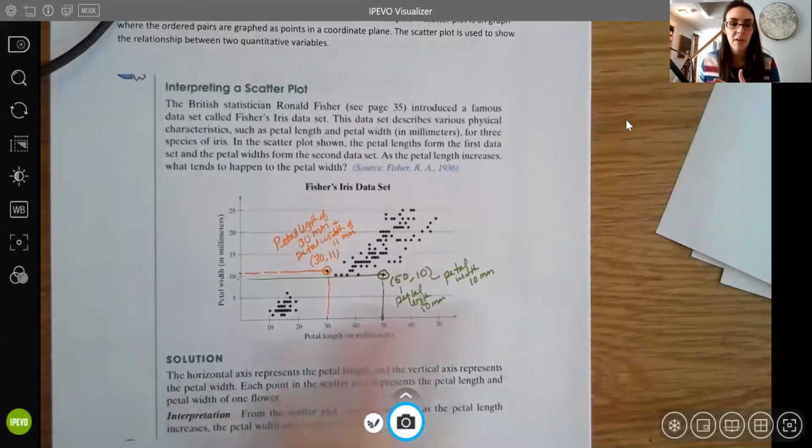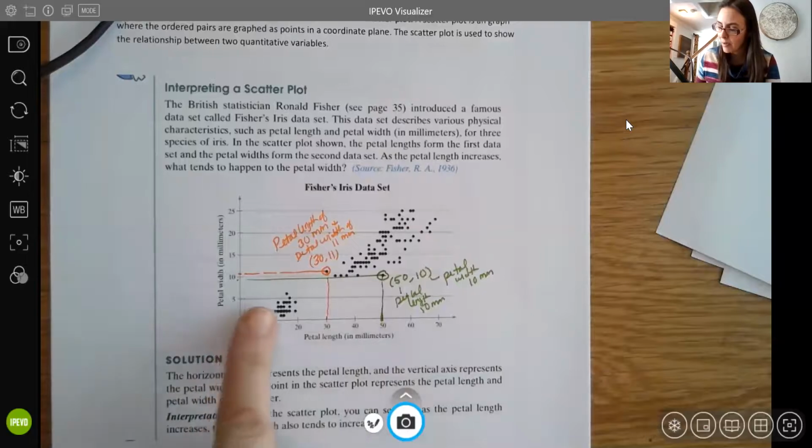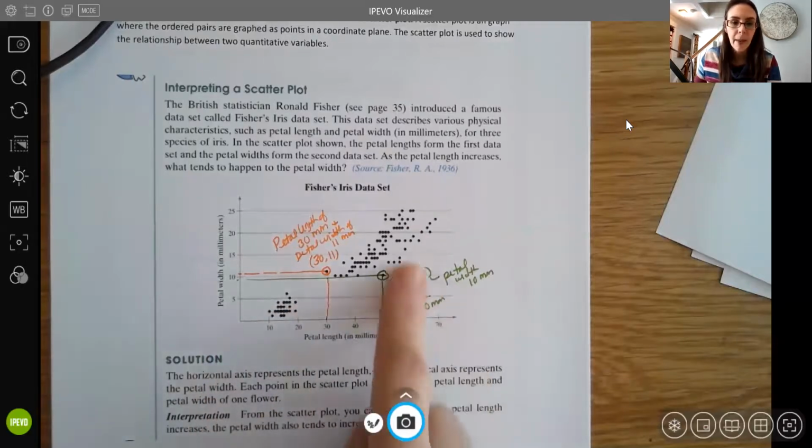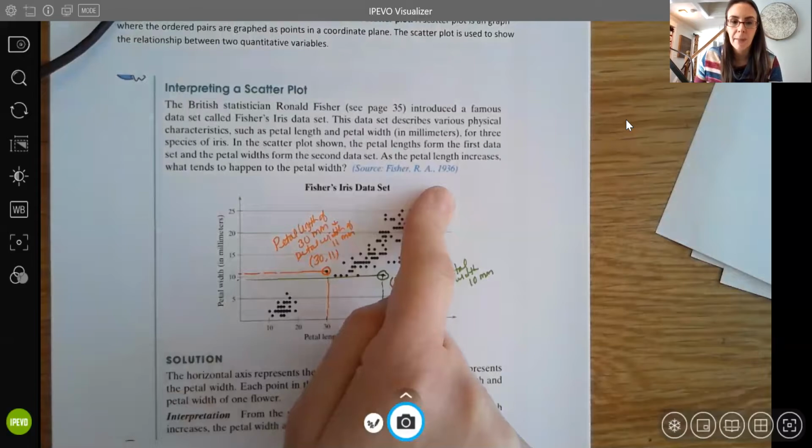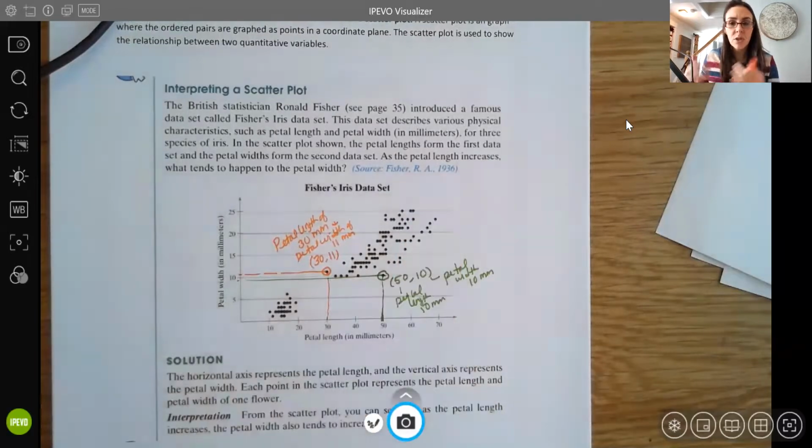And then we're looking to see if there's a pattern, and we do see an overall pattern here, right? It looks like as the petal length increases, the petal width is also increasing, right? I'm seeing this upward increasing direction here, which shows that there is a relationship between these two variables. It's suggesting that as the petal length grows, the width is also increasing.